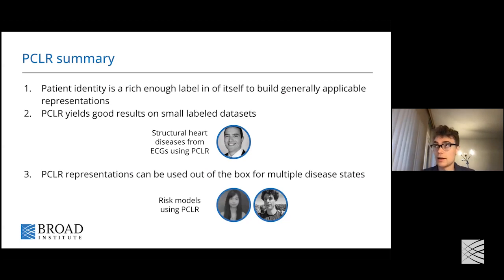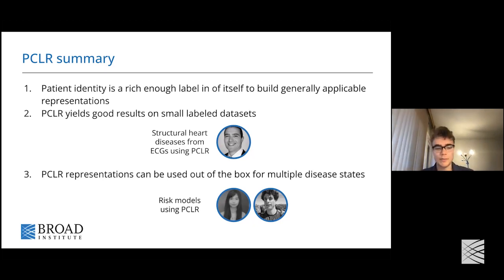And some of those heart diseases, as you can imagine, are pretty rare. And then finally, Pickler representations can be used straight out of the box for many different disease states. We've started exploring this with Xinwang and Sam Friedman on our team, looking at using Pickler representations in risk models for 4 different heart diseases.